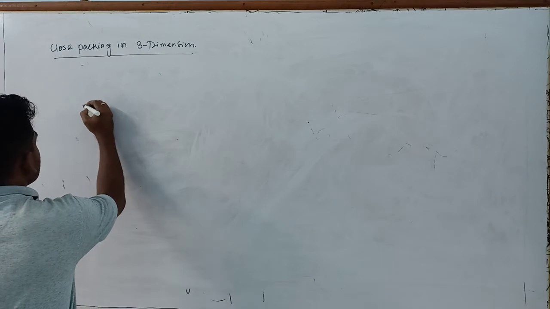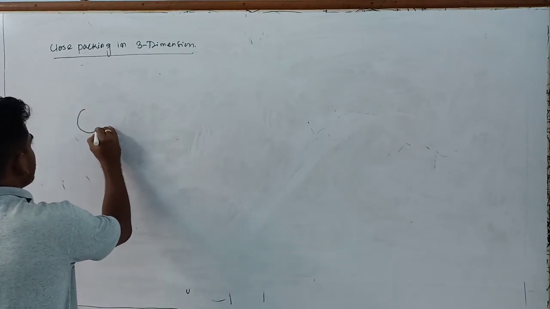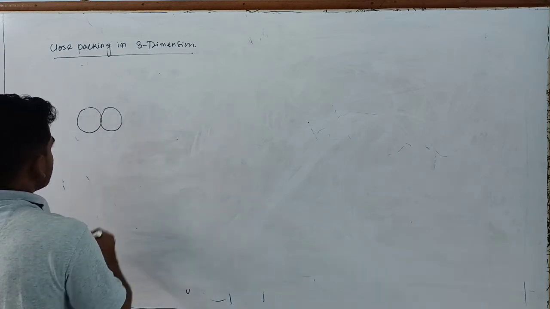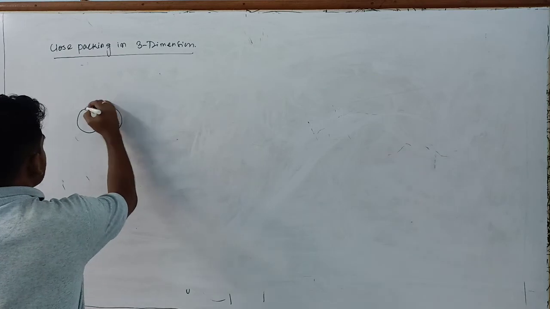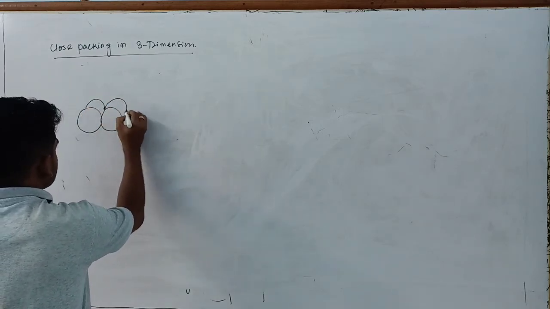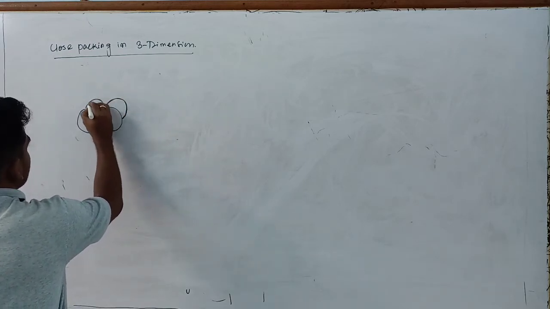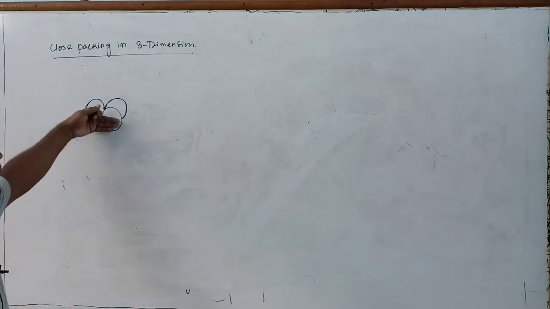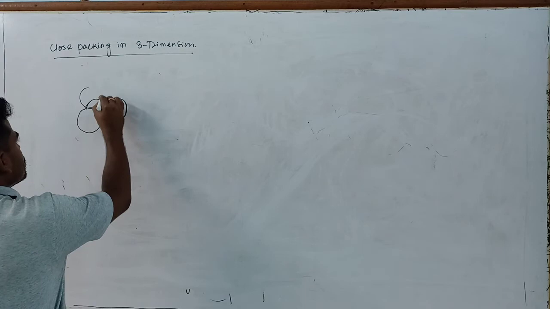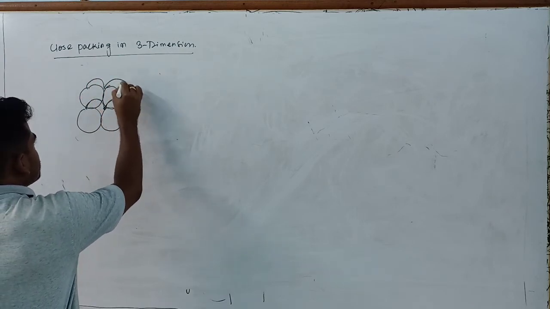You just think over here, if one layer is like this, it is a little bit difficult to represent in 3 dimension, this sphere, and 2 spheres are present like this. These are the 2 spheres lying at the back side of these 2 spheres. Next, that will be just over it, and behind these 2 spheres are there.